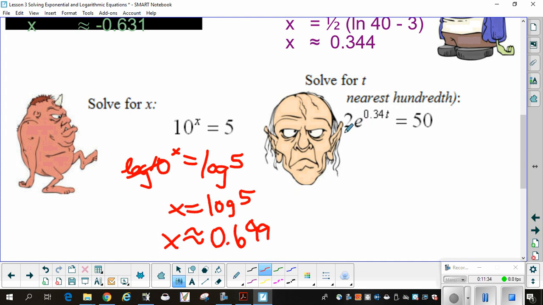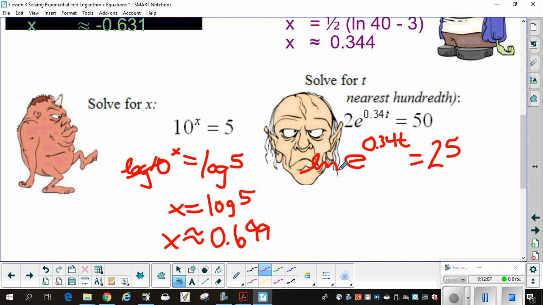Okay, over here, first thing I'm going to do, divide both sides by 2. So e to the 0.34t, 50 divided by 2 is 25. Take the natural log of both sides.